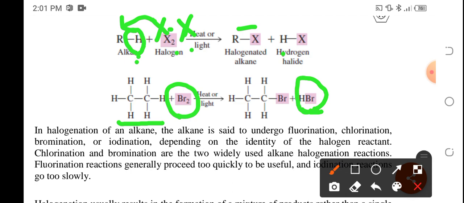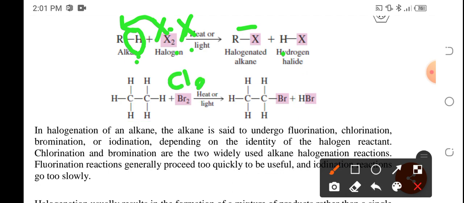Siyempre, kapag chlorine naman yan, if this is chlorine, then therefore, this one would be hydrochloric acid or hydrogen chloride. And of course, the X depende sa identity ng halogen. Simple as that. Okay? Pero ang pinaka-rule of thumb, kailangan for this to proceed, meron tayong heat or light.